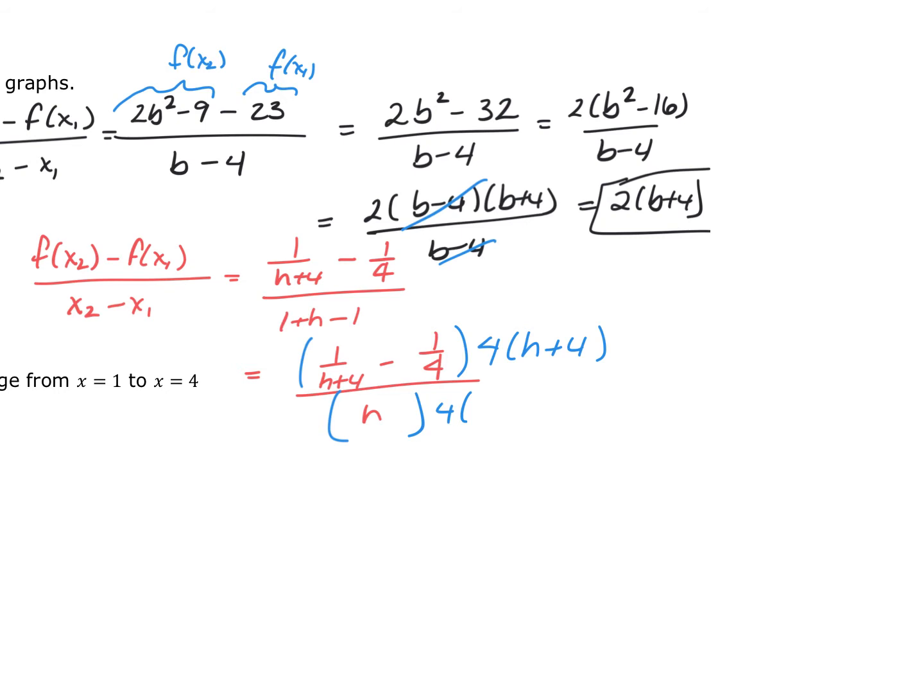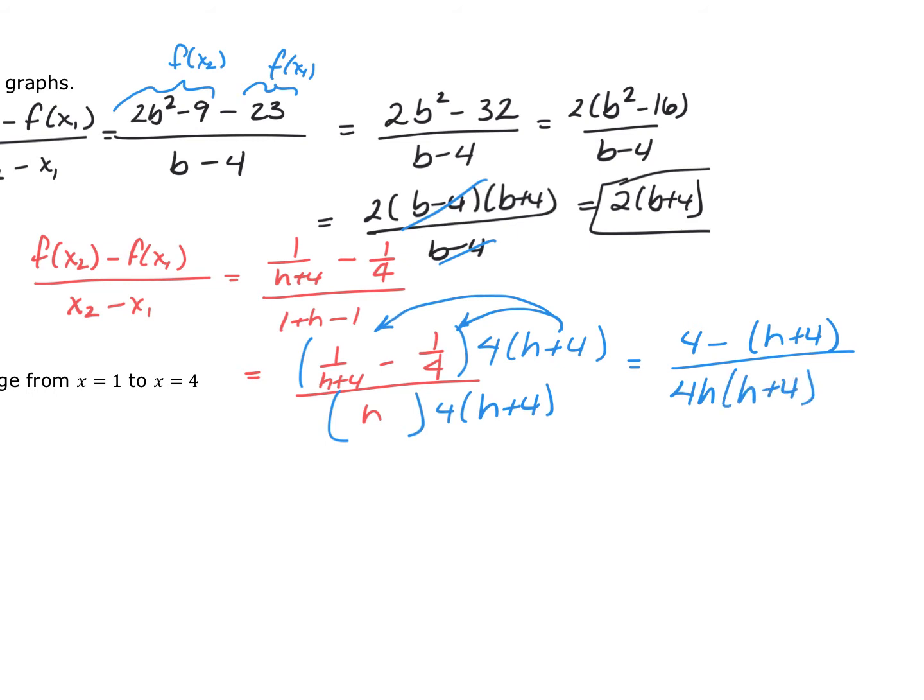And whatever I multiply the numerator by, I have to multiply the denominator as well. When I do this multiplication and I distribute this through, you can see the h plus 4 will cancel, leaving me just 4. And then minus, when I multiply it here, the 4's will cancel, leaving me minus h plus 4. In the denominator, I'm going to get 4h, h plus 4.